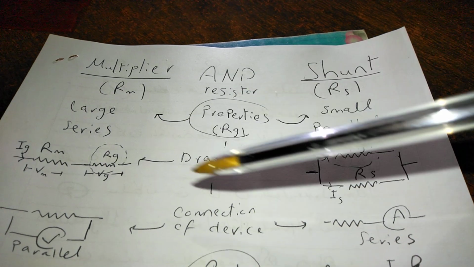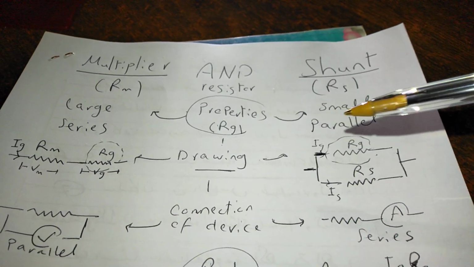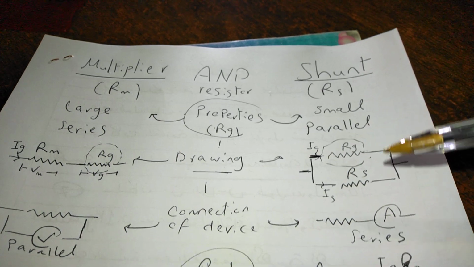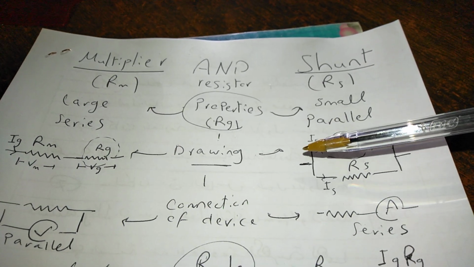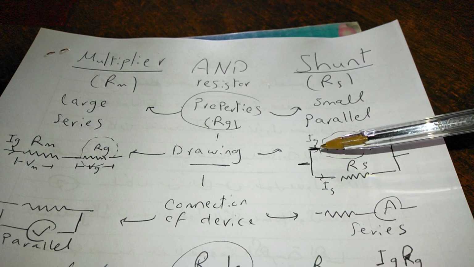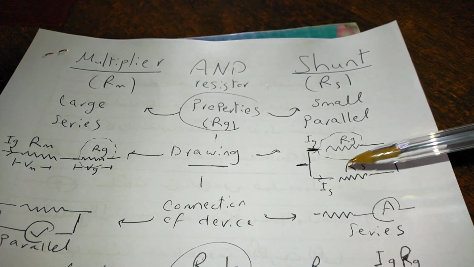And let's move on to the drawing of each in the connection. RS, as you can see, makes a division, so it is a current divider for RG.